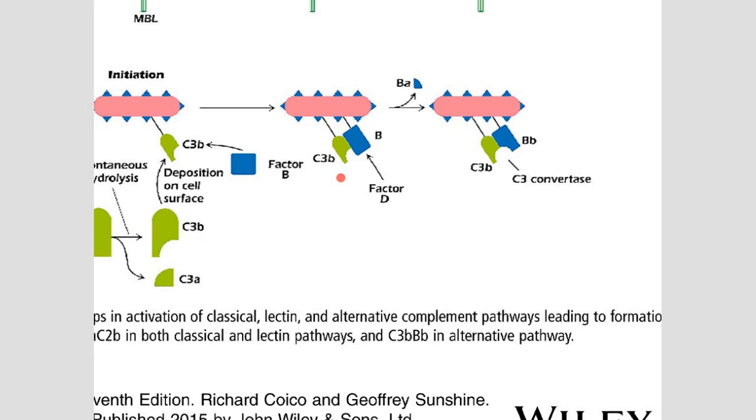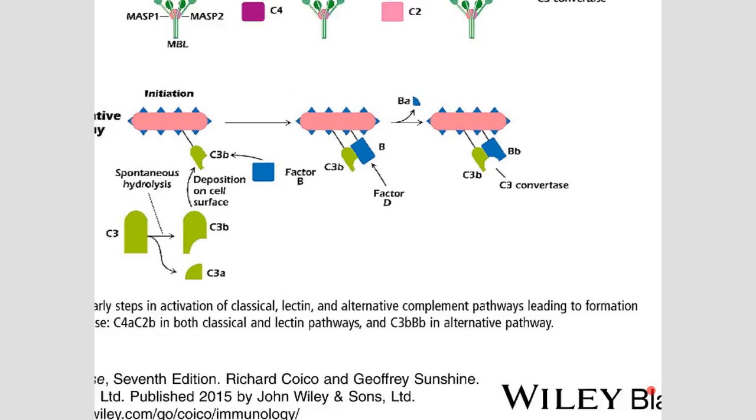So if you were to put them together, you will call them C3, lowercase b, with a capital B and a small b. So this is like a C3bBb. This is jargon that we normally use in clinical practice, and you can see it over here as well, C3bBb as a very important end product of the alternative pathway.